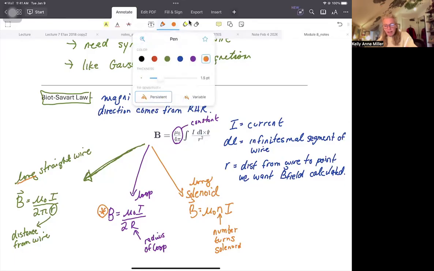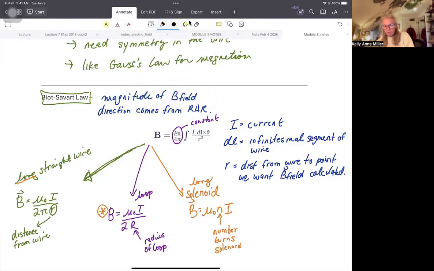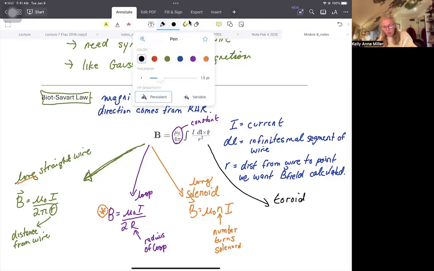And then the last result of this integral is something called a toroid. A toroid is an interesting shape. It's basically a solenoid, and a solenoid is just a coil.